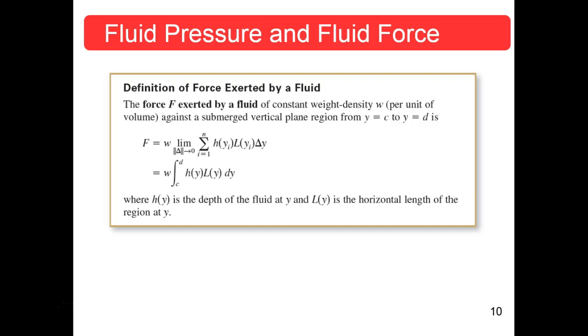So the total force on that would be the weight density, assuming that's uniform, times the limit as your partition goes to 0 of the summation of all those partitions. Now the h is the depth of that partition, and that's a function.